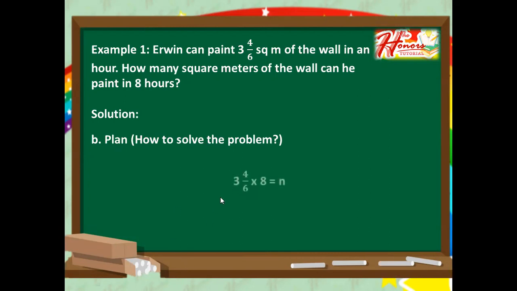So for B, we have here 3 and 4 over 6 times 8 equals n. This is our number sentence, and this is how we are planning to solve the problem by multiplying 3 and 4 over 6 and 8. And n here is the representation of the answer itself. We did not know it yet now, but later we will solve for this. So for plan, do not solve it yet.